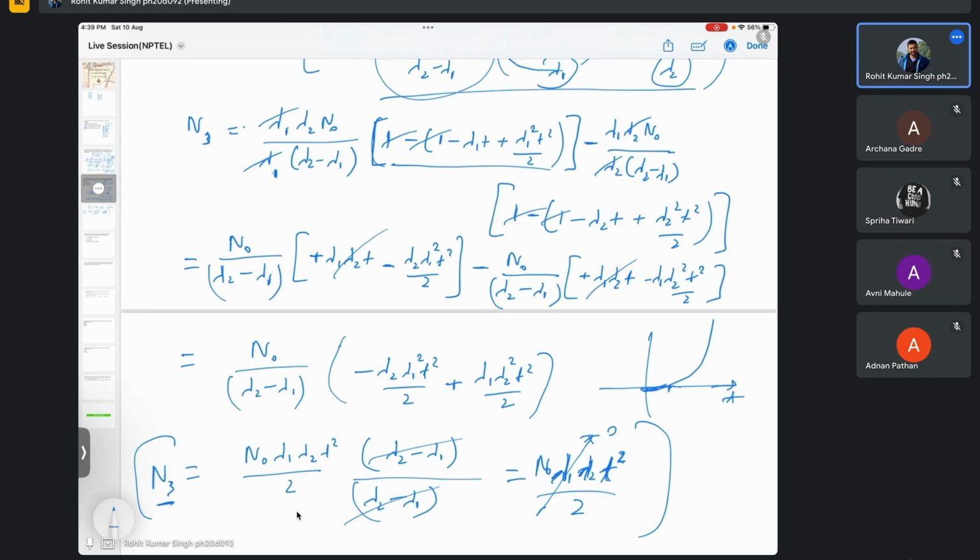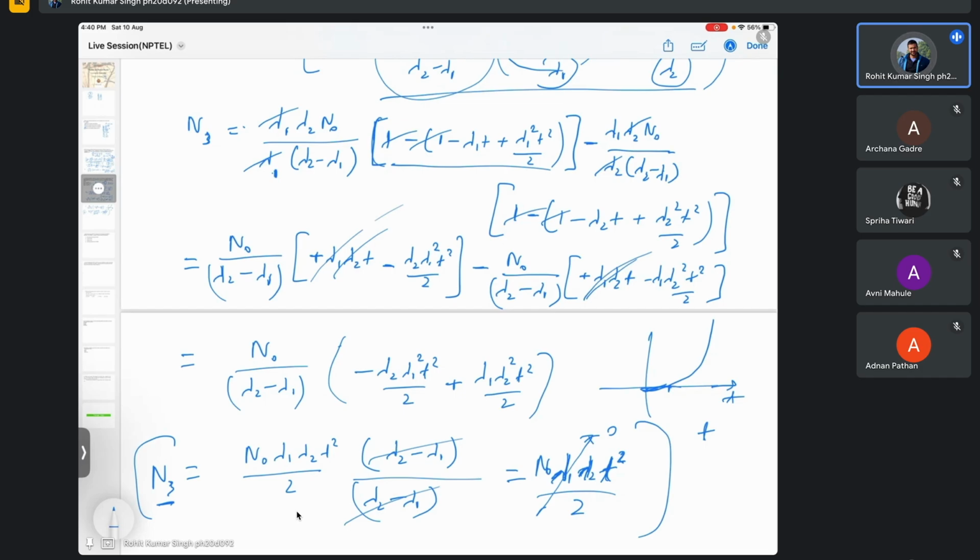For a short time, obviously, and as time increases, you will get higher order terms coming in. But whatever happens, the linear dependence on t will not be there, because this gets cancelled every time. So you will have either t square, then t cube, and so on.